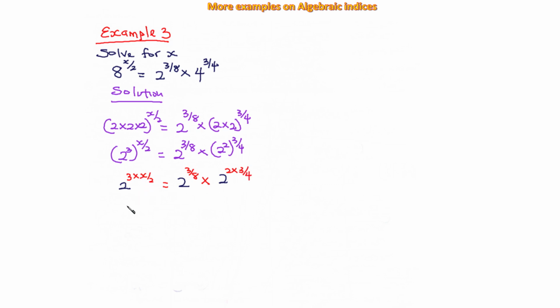Now, let's continue. You have your 2 raised to power 3 times x is what? 3x over 2 is equal to 2 raised to power 3 over 8, times 2 raised to power 2 times 3 over 4.